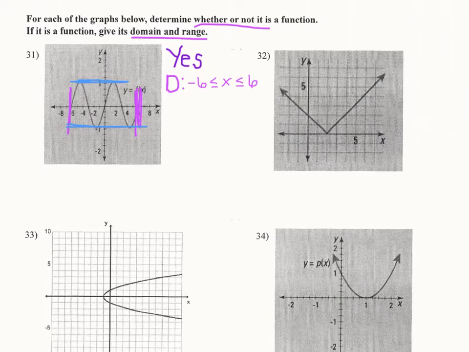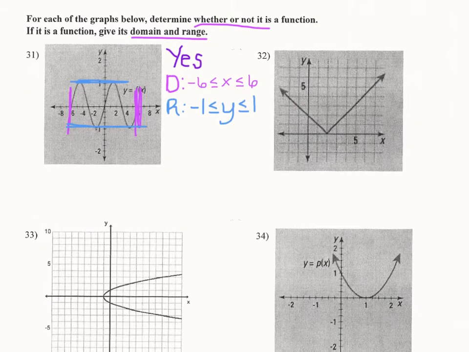So going up and down for the range, I go from -1, and when you're talking range, you're using y instead of x. It goes from -1 to 1. So your answers are going to look like this anytime your graph has endpoints, meaning they don't have arrows, they don't go on forever.